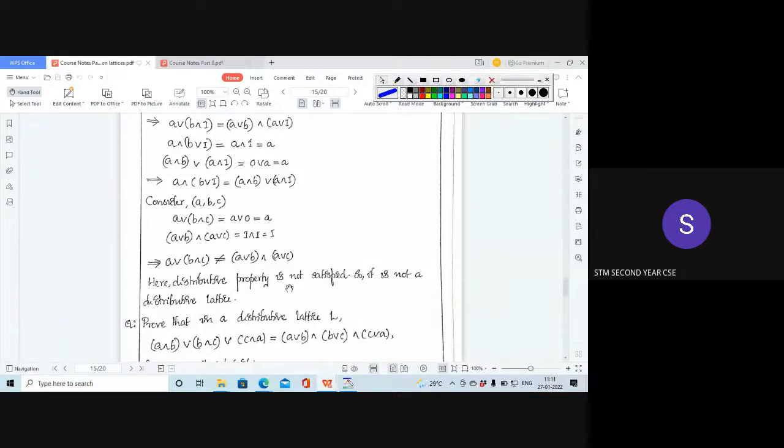If it is not satisfied for any particular combination, then it is not a distributive lattice. So see, this is not satisfied, so we say that it is not a distributive lattice. Okay, let us see some more examples.